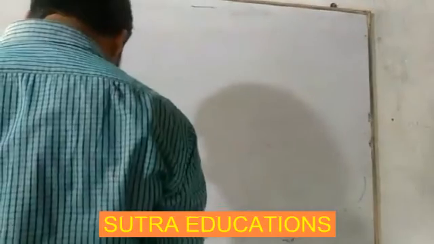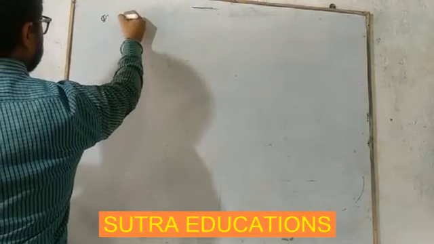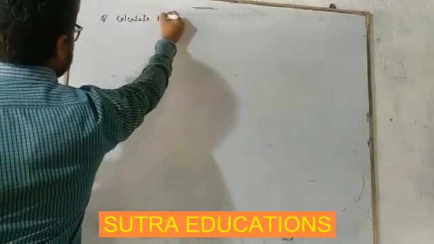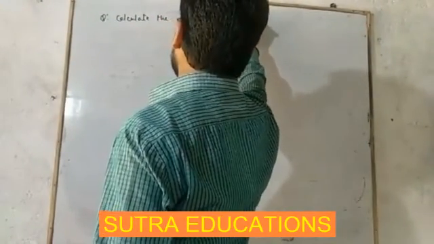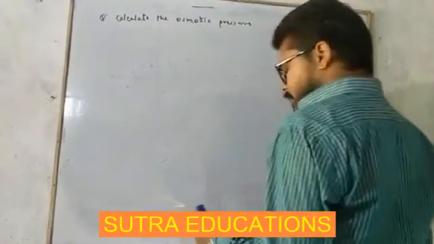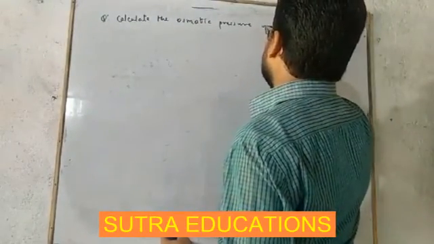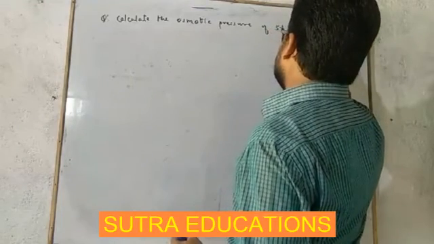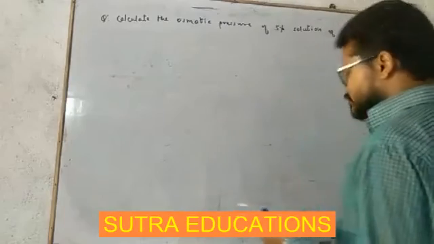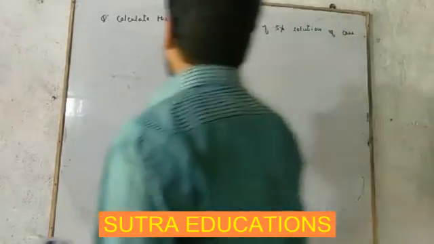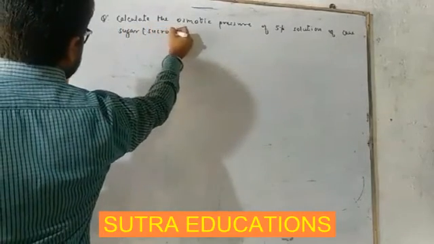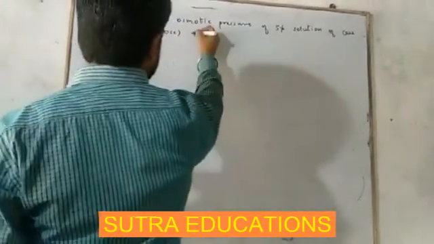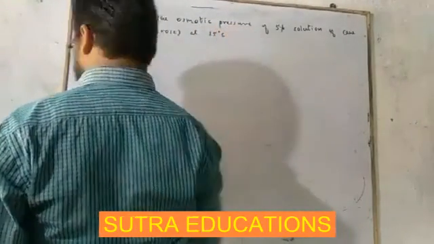Question is: calculate the osmotic pressure of a 5% solution of cane sugar, it is sucrose, at 15 degrees Celsius.